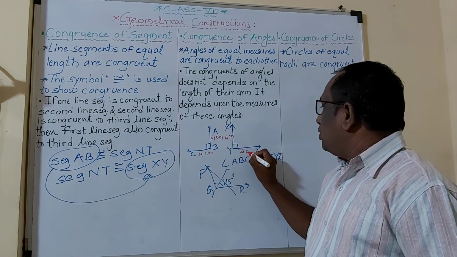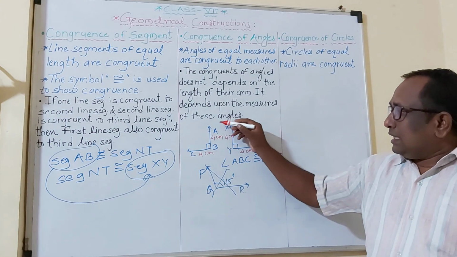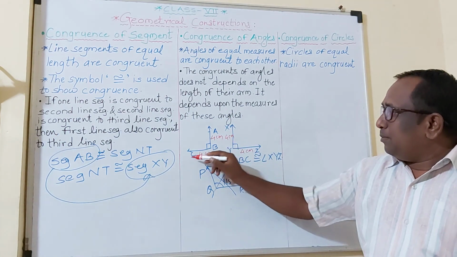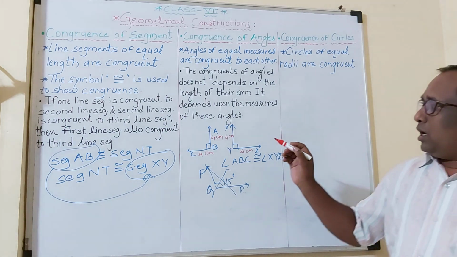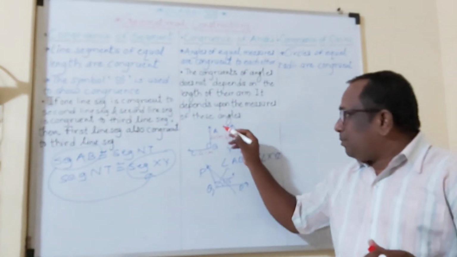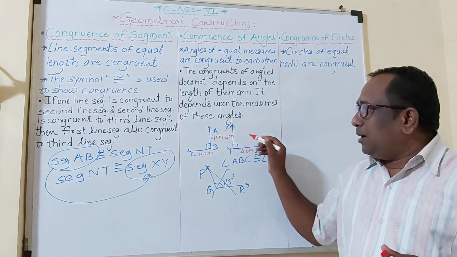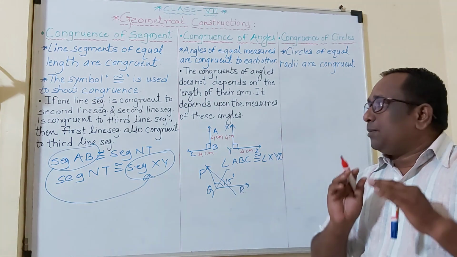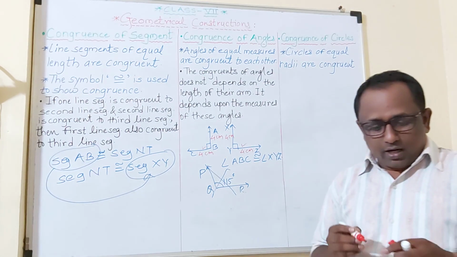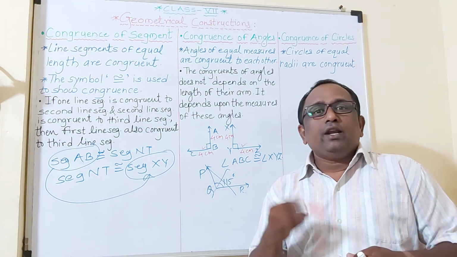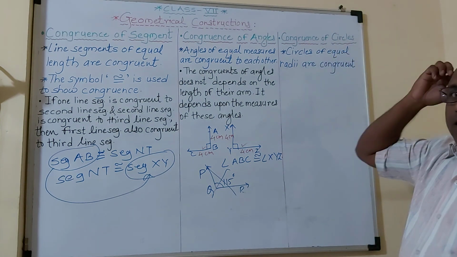According to this property, for the arms AB, BC, XY and YZ, the congruence does not depend on the measures of those arms. Here all are the same, but it does not depend on that. It depends only on the angles. Clear? Understood?